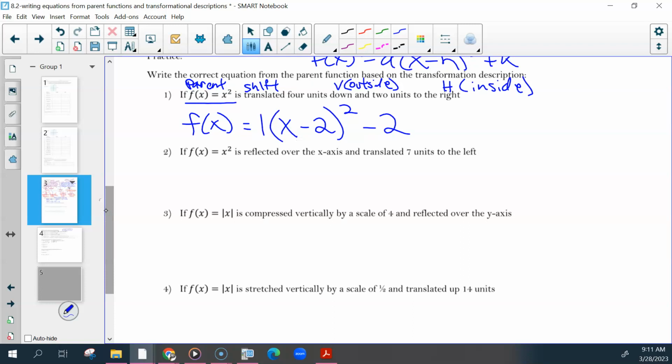So in 2, we have the same parent function. What transformation words do you see? Remember, the transformation words are translated, reflected, compressed, stretched.